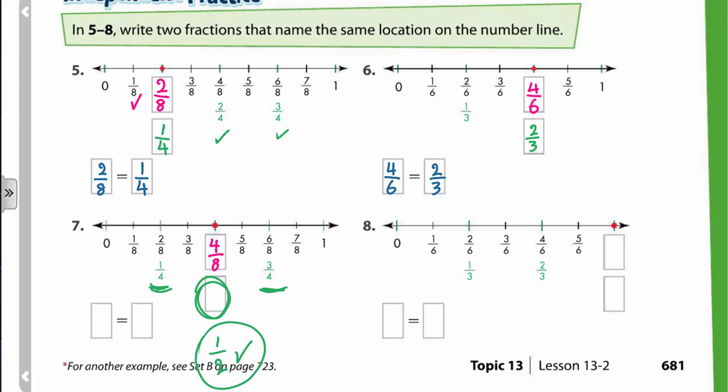Yes, Rida? Rida, can you hear me? Yes. I said 1/2 is right because we are exactly in the middle. That's correct. But for this question, we have 1/4 here and 3/4 is here.